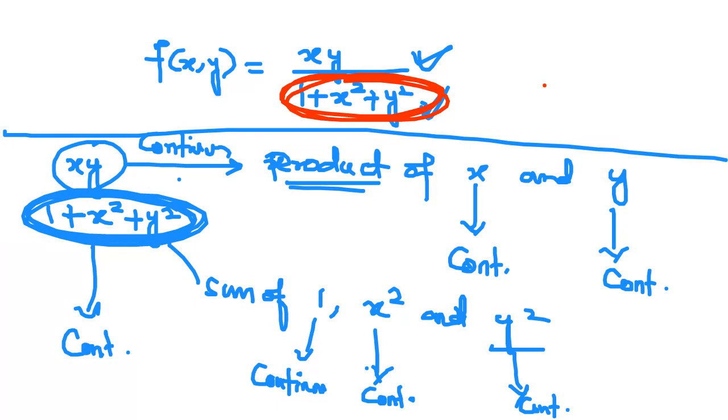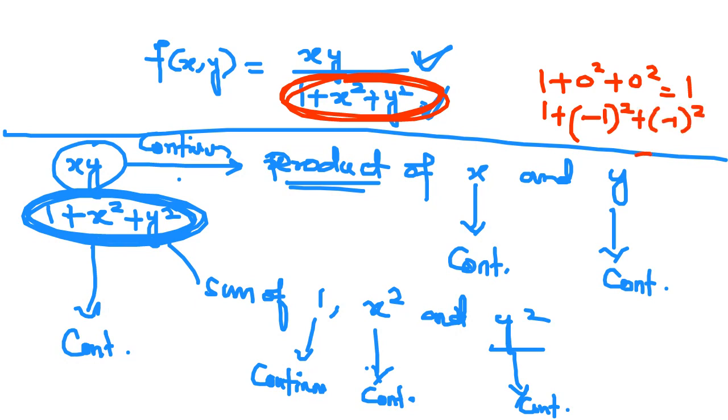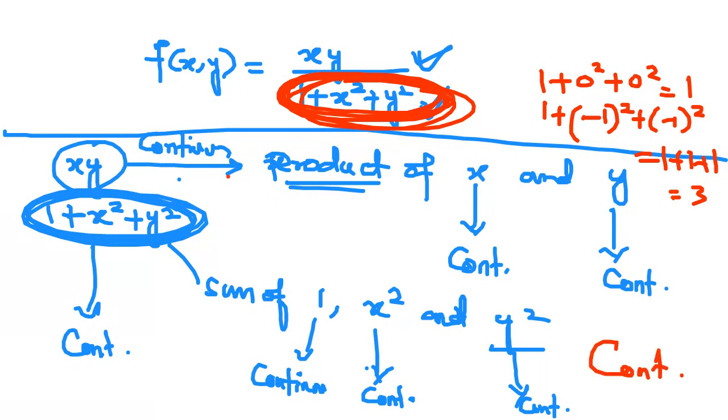For example, if I choose x0, y0, that will give me 1. If you choose x is, for example, -1 and y is -1, that is 1 plus 1 plus 1, so that is equal to 3. It means at any point of x, y, it will not equal 0. It will never equal 0. It means they both are continuous, so this is continuous.